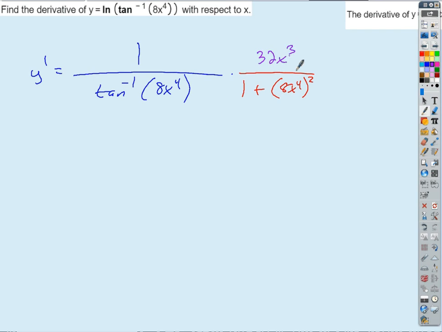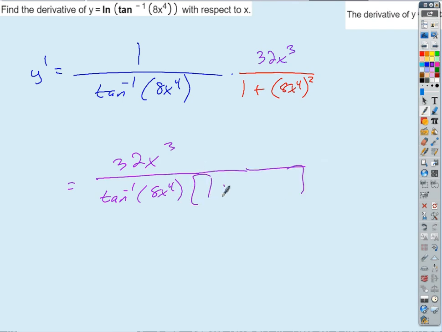Okay, and when all the dust settles, if we write that as one big derivative, what are we going to get here? 32x cubed over, I mean, nothing really simplifies too much, does it? I just get inverse tangent of 8x to the fourth times the quantity 1 plus 64x to the 8th.